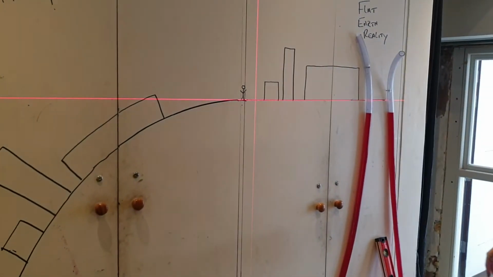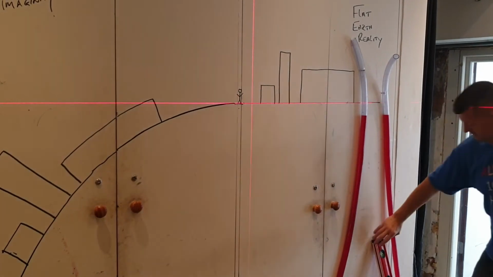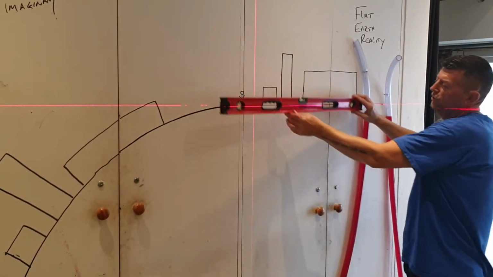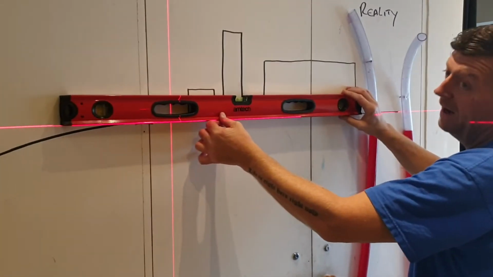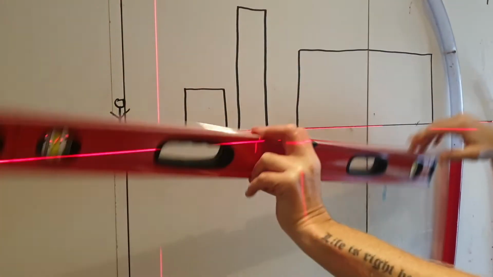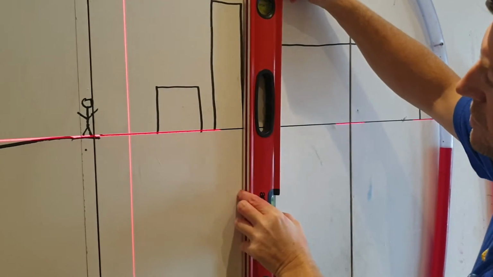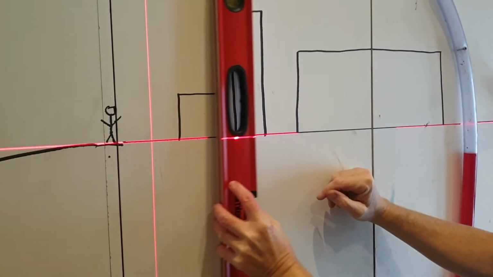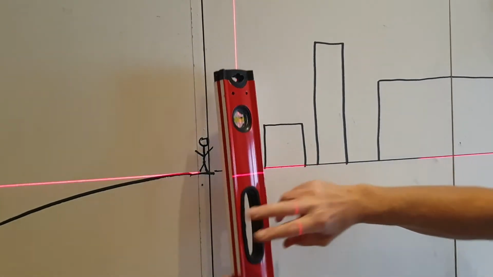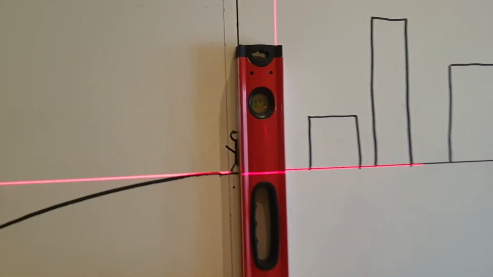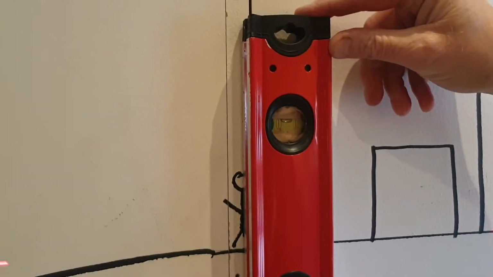The one that gives it away the most, well, we can use a spirit level, both horizontally or level, and vertically, or plumb. Yes? That's what the bubble in here tells us, that that is plumb.